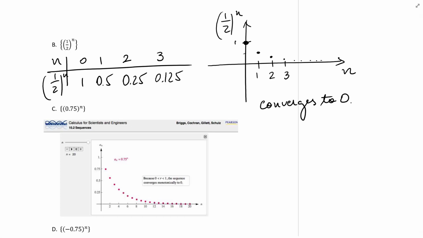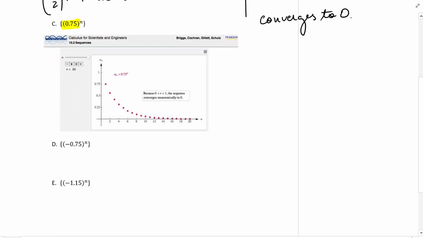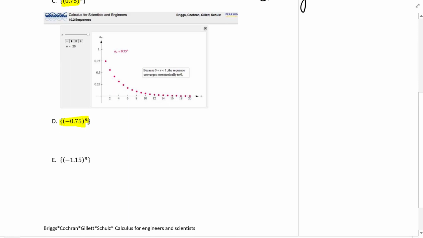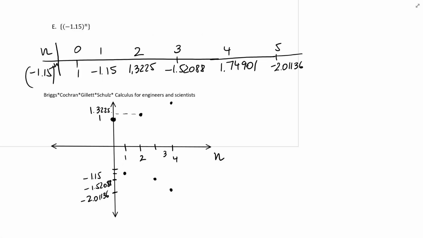Basically, this one reminds me of the initial problem where r is between 0 and 1, the series converges. And we did this one before, and we can see the graph here. We talked about this one before. It was alternating, and we had this graph here, right? So they were convergent.